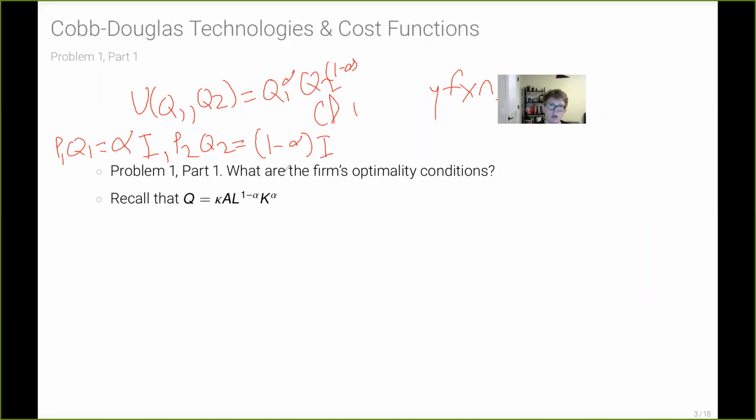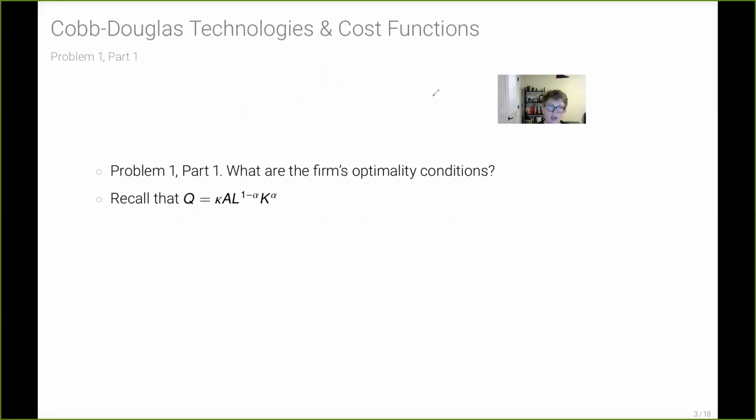Okay, so now we don't have a utility function, we have a production function. And so it's going to be a very similar format. Whatever revenue I produce needs to get paid out entirely to the factors of production that I use to produce my output. So this 1 minus alpha means that I'm going to spend 1 minus alpha of my firm's revenue on hiring labor. And so 1 minus alpha times I, where I is the firm's revenue, is going to get spent on hiring labor.